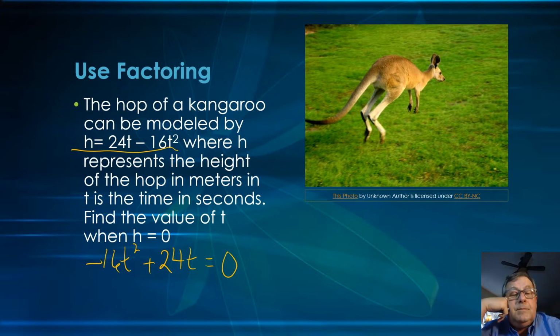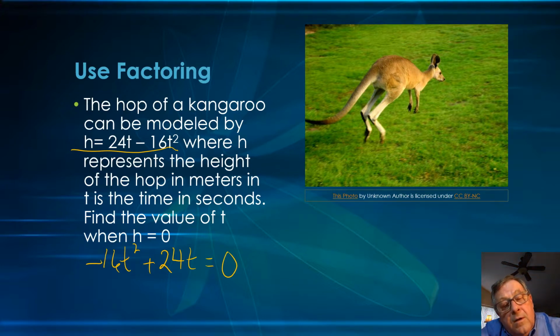All right, let's see. Negative 16t squared plus 24t, and the first thing I want to do is think about, can I factor out any common factors, greatest common factors? Well, I can see that 8 will go into negative 16 negative 2 times, and 8 will go into 24 3 times, and then I got a t squared and then a t.